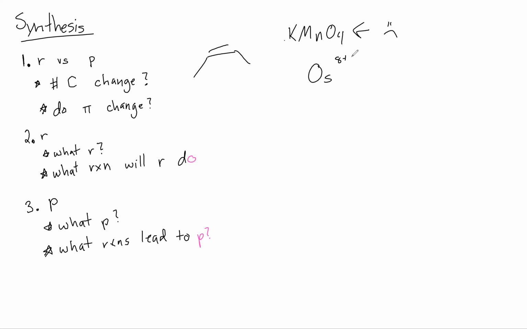It's either 8+ or 6+, which is then used to oxidize the double bond without giving off bad byproducts, which is why this osmium would be considered green over KMnO4. But again, in this class, we don't worry about it too much because we aren't actually in the lab. We're doing all of this on paper.